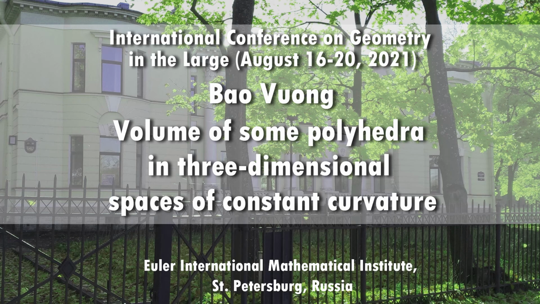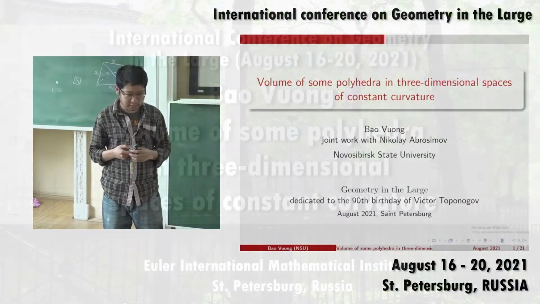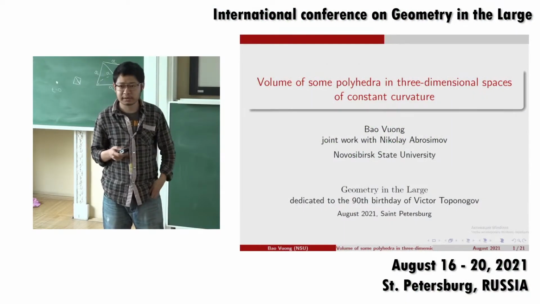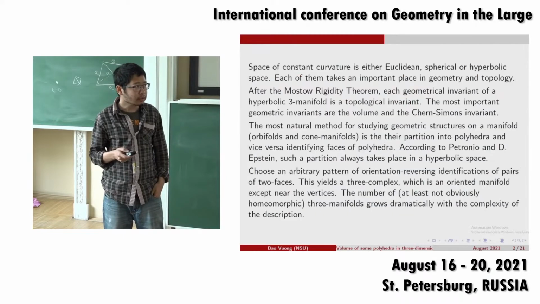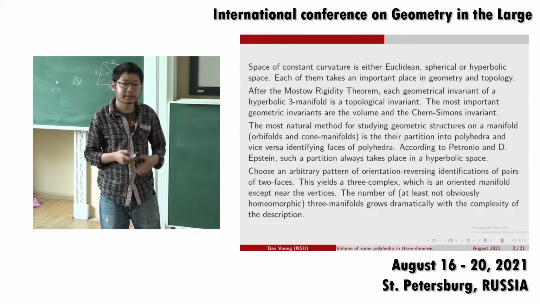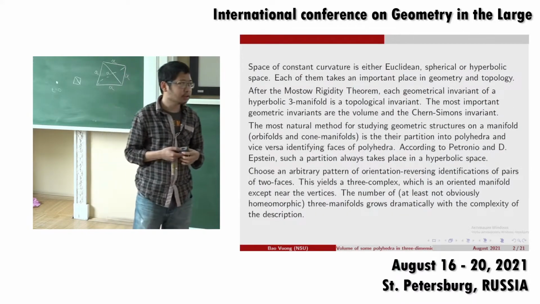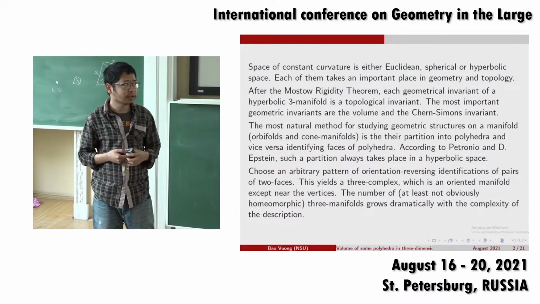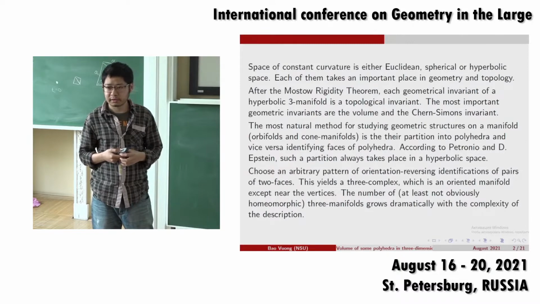Okay, I'm going to talk about some geometric properties of polyhedra in three-dimensional space. The space of constant curvature is either Euclidean, spherical, or hyperbolic space, and each of them takes a very important place in geometry and topology.